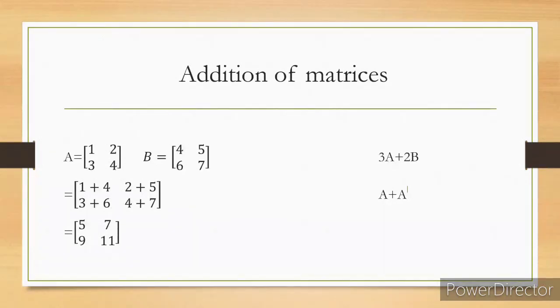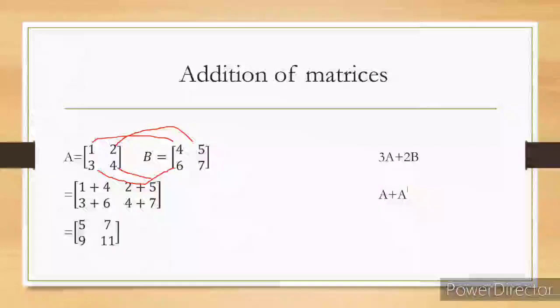First we'll look at addition of matrices. Here I have taken two matrices A and B. Matrix A contains 1, 2, 3, 4 and B contains 4, 5, 6, 7, enclosed in brackets. As we have seen in equal matrices, the same way here we have to take these corresponding numbers and add them.